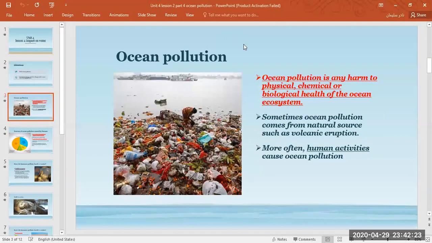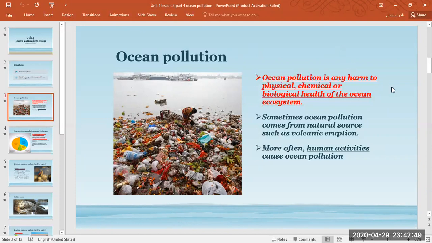Okay, ocean pollution. As you see here, there are many wastes that are thrown by humans. This is like a negative activity on the ocean. It affects the quality of the water. It affects the living things, the aquatic organisms that live in water. Ocean pollution is what?